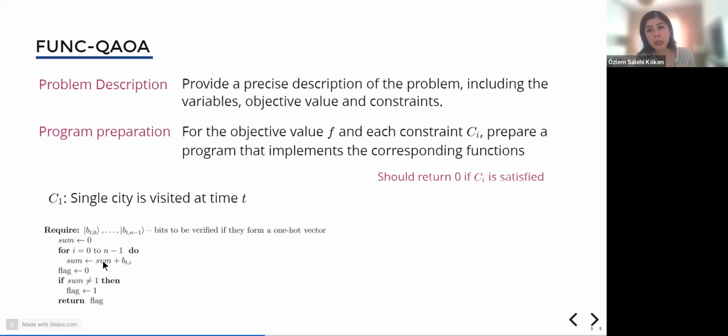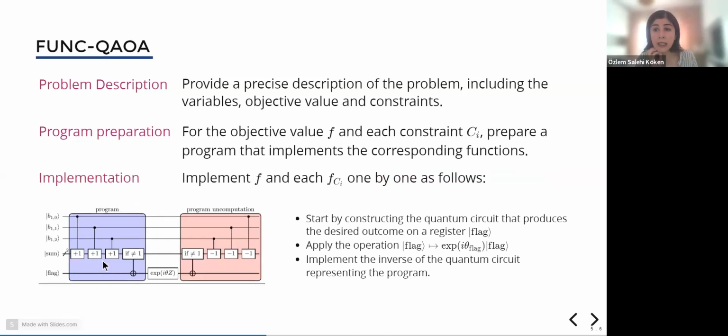And we do this for each constraint and objective value. Next, we implement this classical program as a quantum circuit. So here you see the corresponding program. This is a high-level quantum circuit.